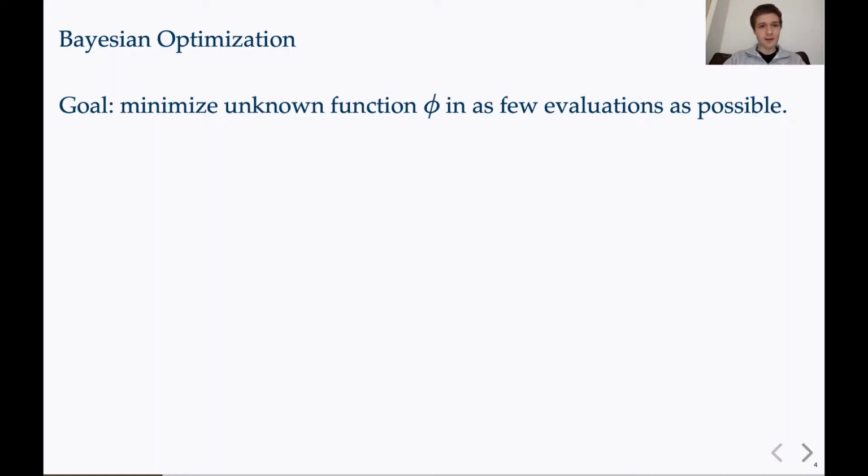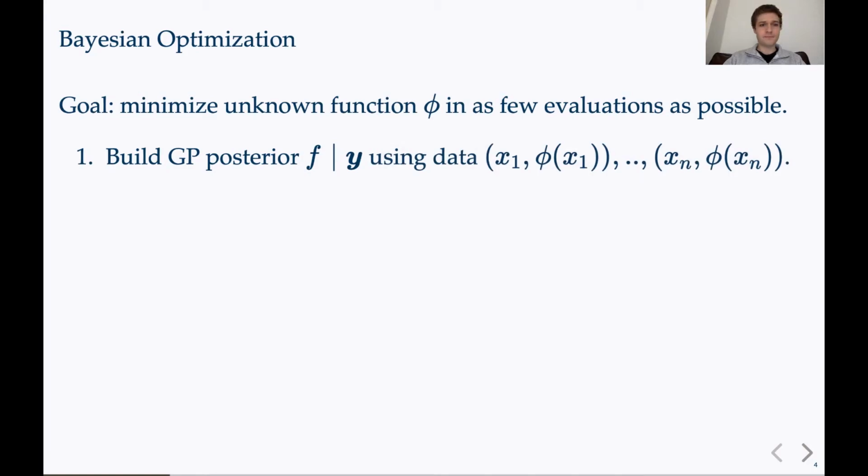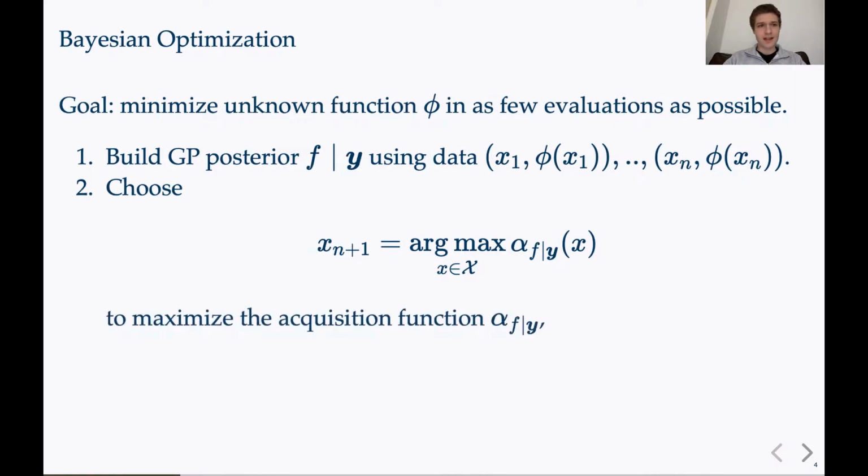This is done as follows. First, we build a Gaussian process posterior given the function values seen so far, which we view as a dataset. Then, we choose the next evaluation location x_{n+1} so as to maximize a function alpha constructed from the posterior, which we call the acquisition function.